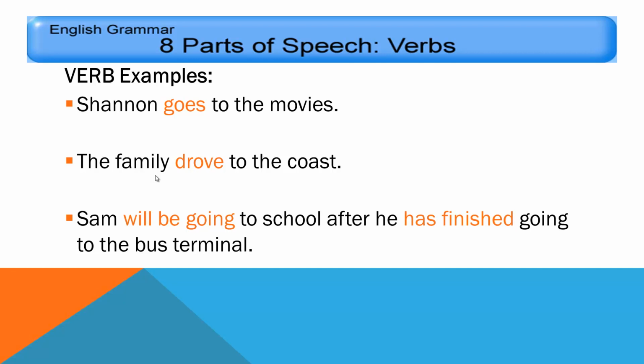This activity is going to be in the process of getting to school at some future time, and that future time is going to happen after he has finished the activity of going. So notice that in this sentence, has finished is a verb, but going is actually going to be a noun because it's the activity that he finished doing.